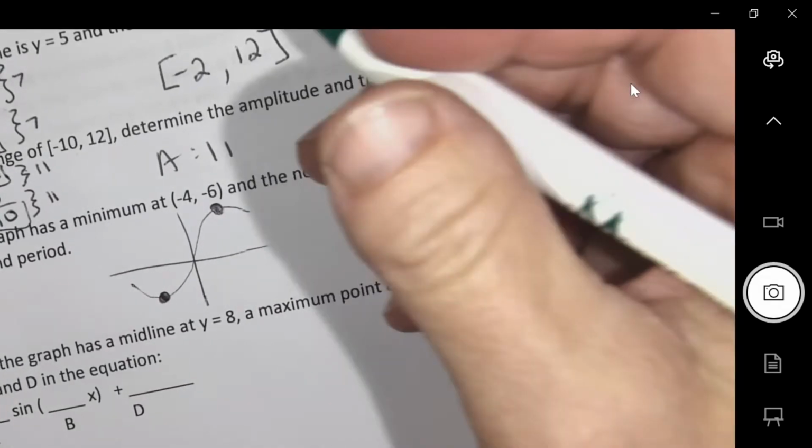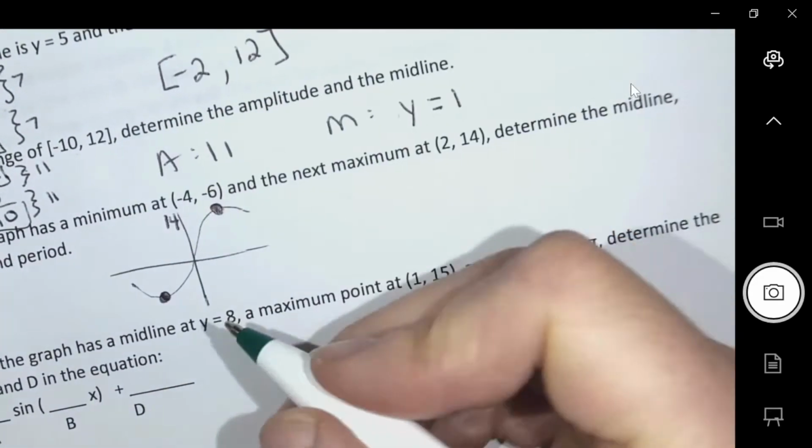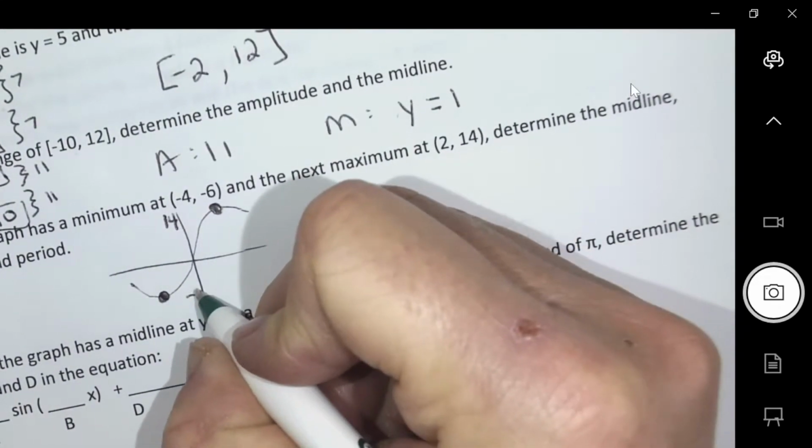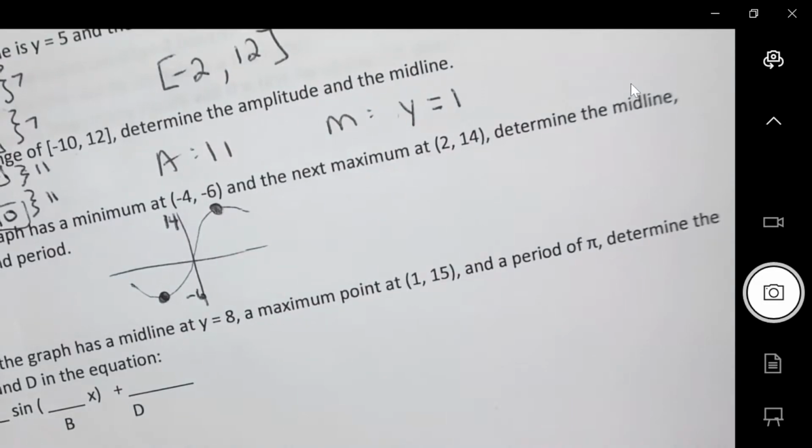Okay, so this height was 14, and this height was -6. That was at a -6 and that was at a 14, making what number in the middle of that?